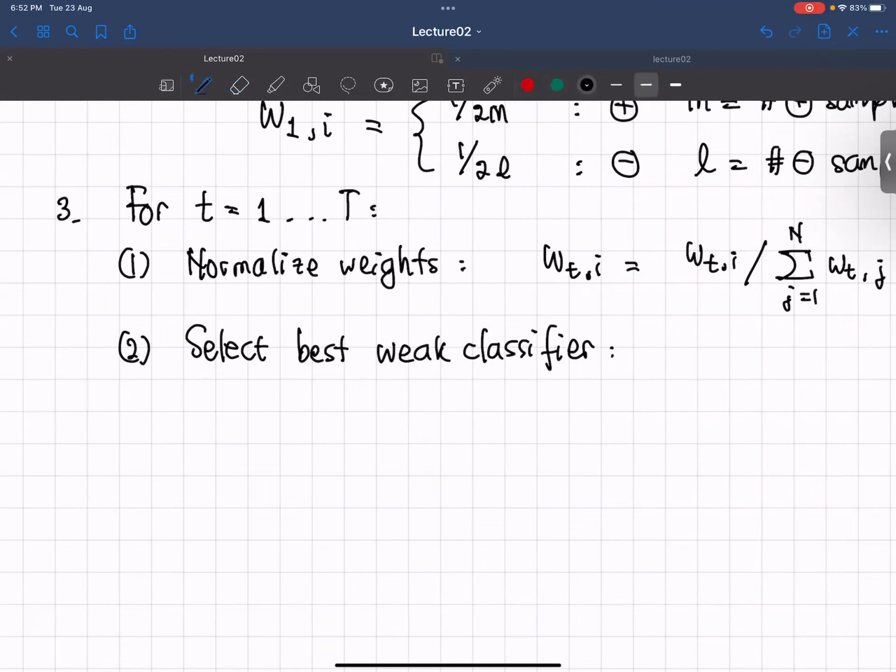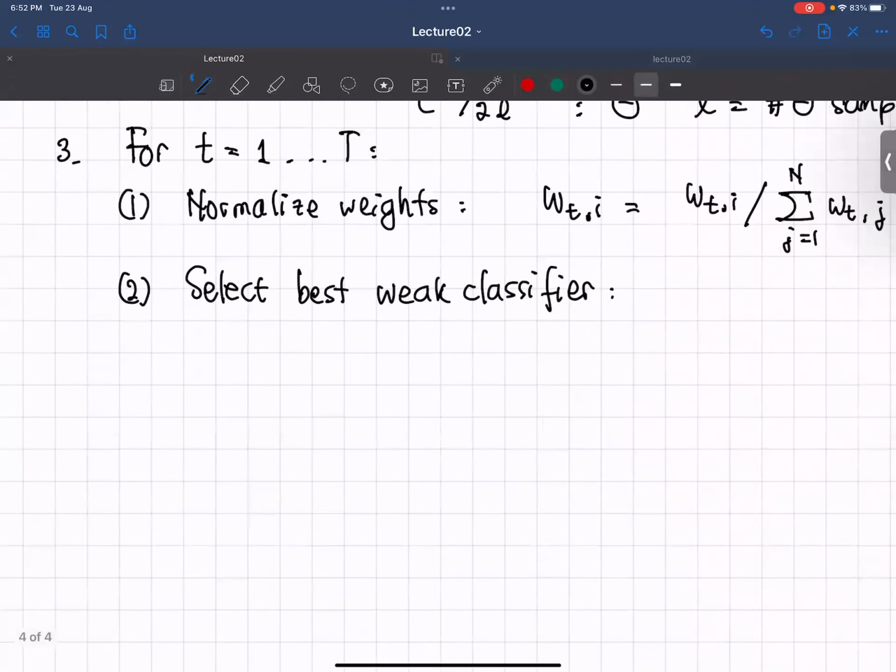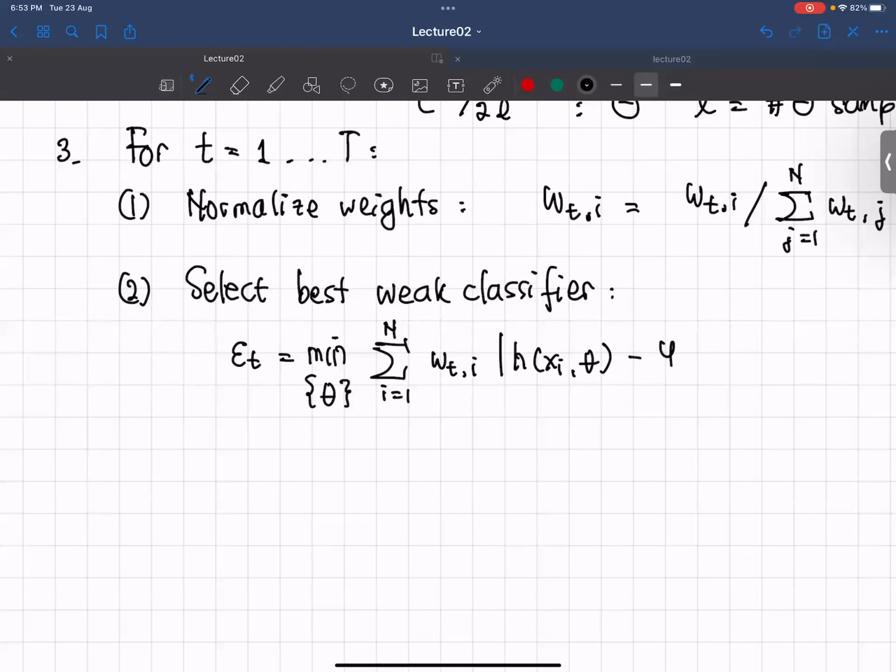So the equation for selecting the best weak classifier is epsilon_t equals the minimum over all parameters, theta being the parameters, of the sum over all samples i of w_t,i multiplied by the absolute value of h(xi, theta) minus yi, where h is the classifier.